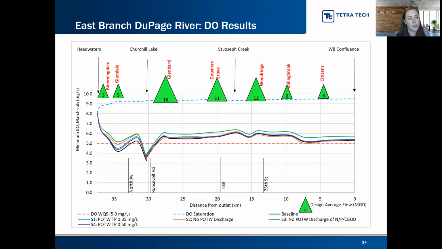Not a hugely significant improvement on minimum dissolved oxygen concentration, but there is some improvement. Part of that comes from the algal relationships. Although we may see an improvement to aquatic life, we may not see a change in algal biomass at these concentrations that we're simulating, but there is an improvement here.